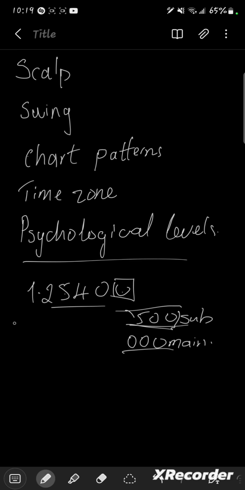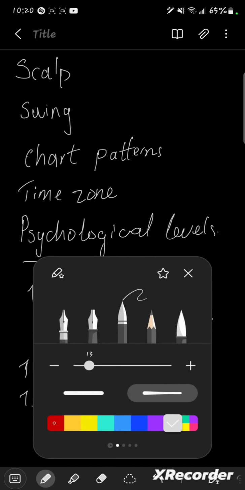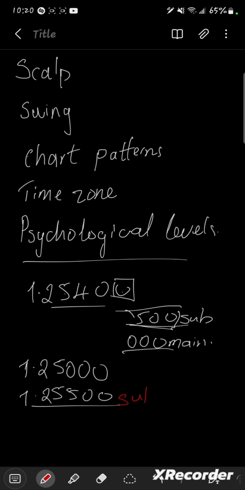For a currency pair price of 1.25400, the main psychological level should be 1.25000, with 3 zeros at the end, and the sub psychological level should be 1.25500.